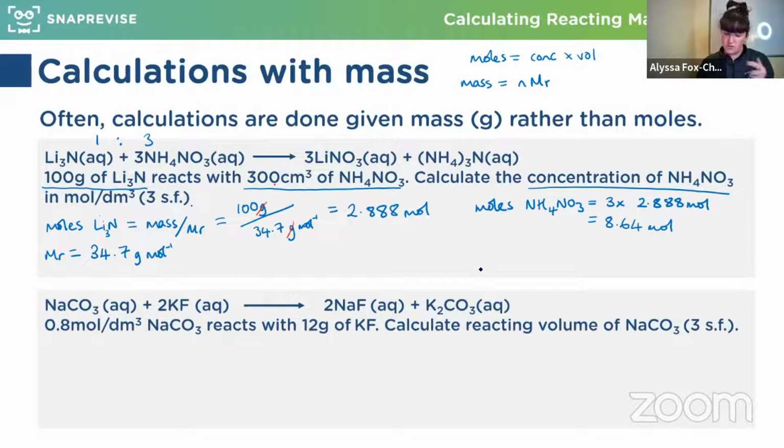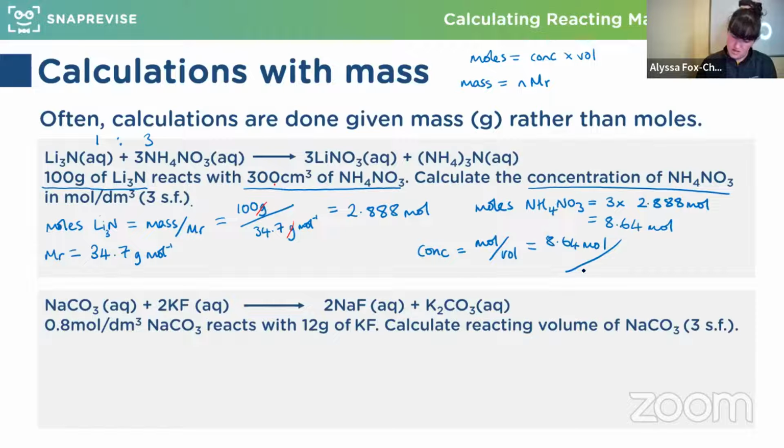I've now got the moles and I've got a volume because I was given it in the question. So now it just becomes my moles concentration volume equation. So concentration is equal to moles divided by volume, which is 8.64 moles divided by volume, which is in centimeters cubed, but I need it in decimeters cubed because that's what my concentration is.